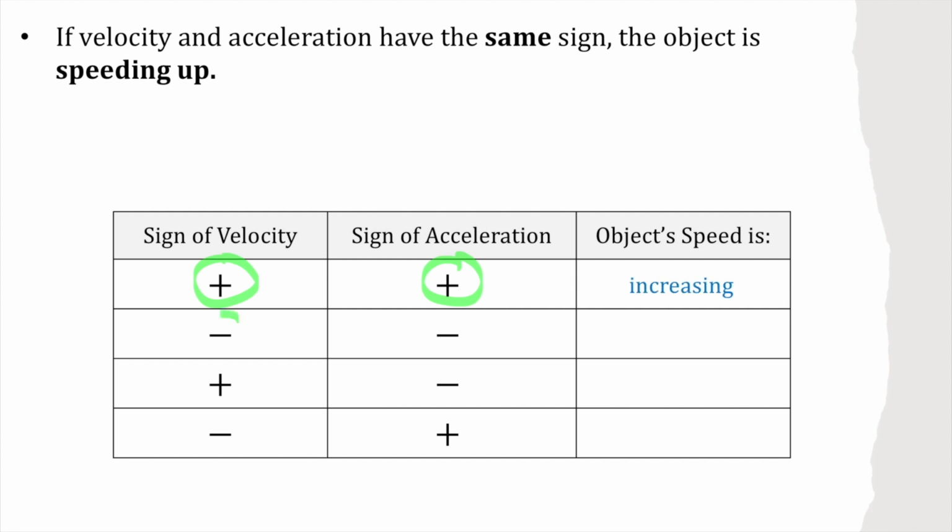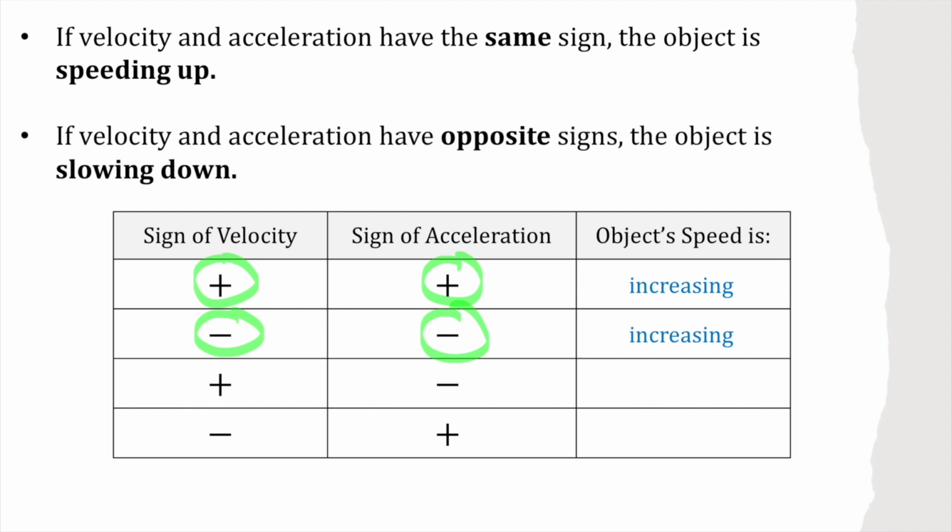If velocity is negative and acceleration is negative, weirdly enough, the object is also speeding up. If velocity and acceleration have opposite signs, then the object is slowing down. So positive velocity, negative acceleration, that's a slowing down. And negative velocity, positive acceleration is then a slowing down object as well. Keep that in mind. Same sign, speeding up; opposite signs, slowing down.